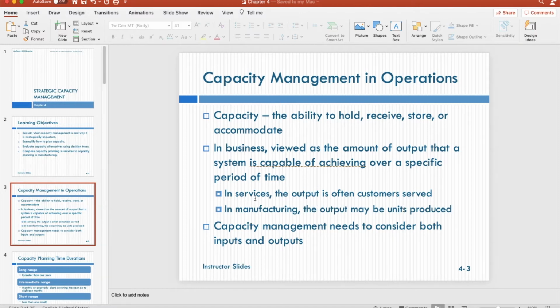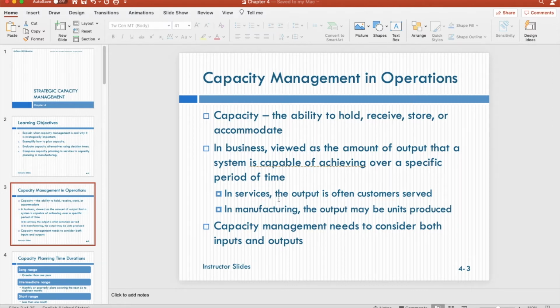If you are a service type of firm, your output is the customers served, okay? But no matter whether it's a manufacturing firm or a service firm, the capacity itself normally will include the facility, the equipment, and the labor. Okay, at least these three are the main categories of the capacity management subjects.